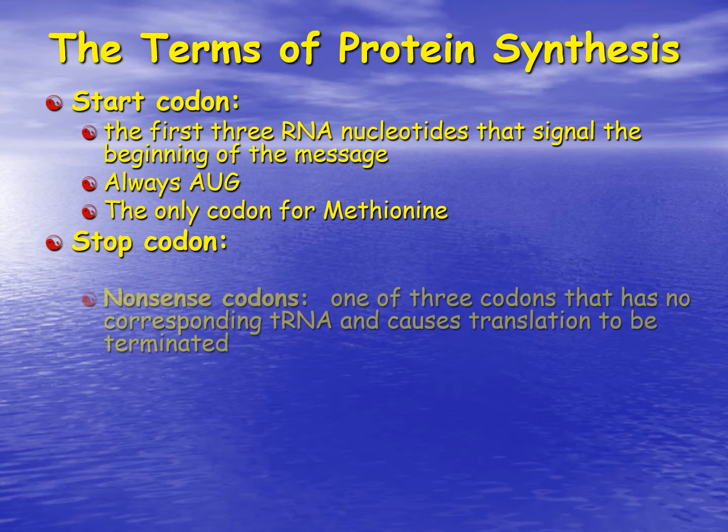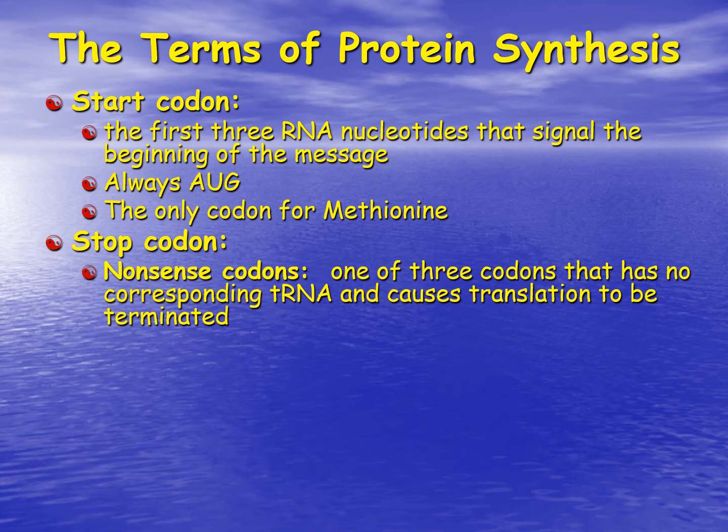The stop codons, or nonsense codons, when we reach the UAA, UAG, or UGA, there is no corresponding transfer RNA.